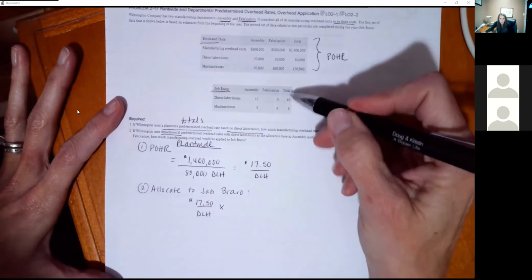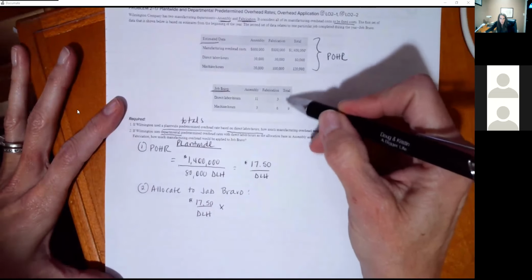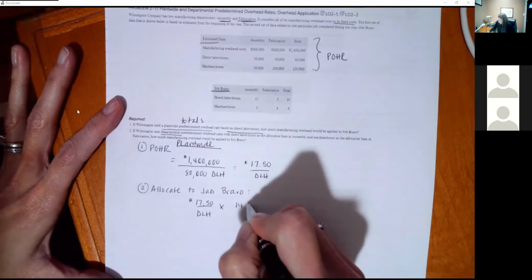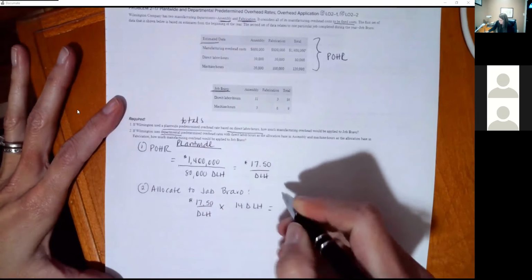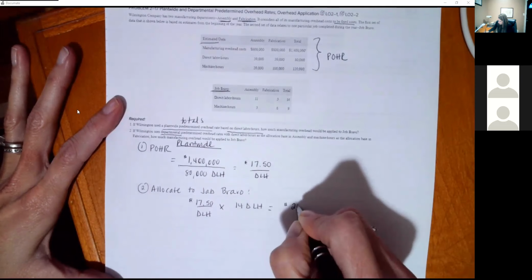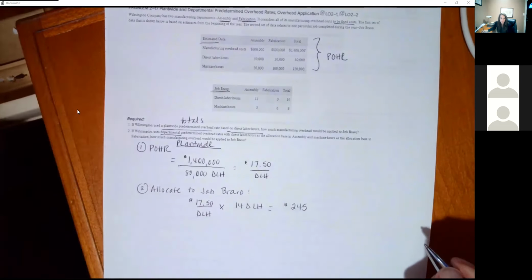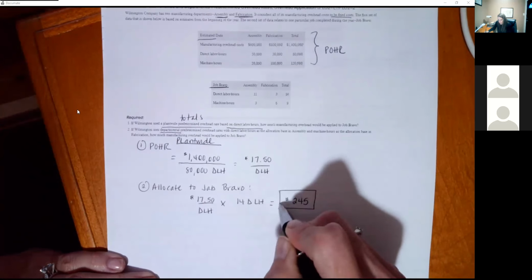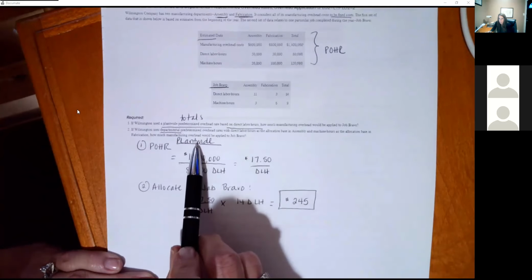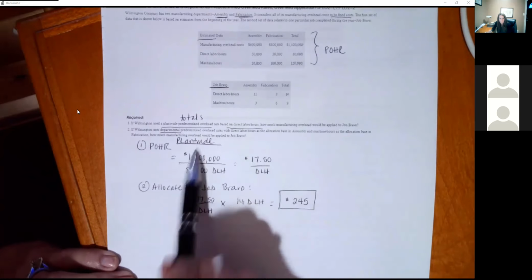So we're going to look in the total column, and total direct labor hours are 14. Good. So you should get that the amount of overhead that we're allocating to job Bravo is $245 when we use the plant-wide rate. Okay.